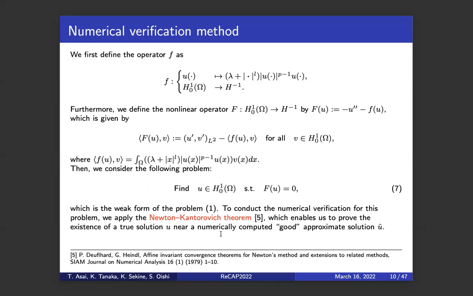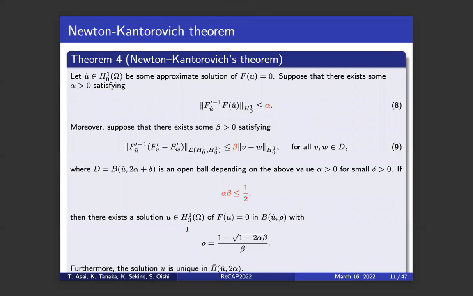And next, this is the Newton-Kantorovich theorem. If we can get such alpha and beta and alpha beta is less than half, then we can evaluate the error bound like that. And furthermore, the true solution u is unique in the closed ball with center the approximate solution u hat and radius 2 alpha.